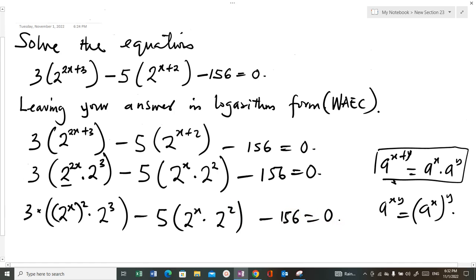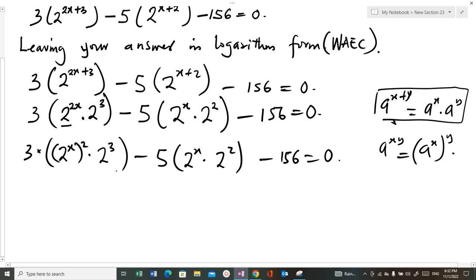So now, this 2 to the power of 3 is the same thing as 2 times 2 times 2, which is 8. So 8 times 3, you have 24 times 2 to the power of x, in brackets, raised to the power of 2.